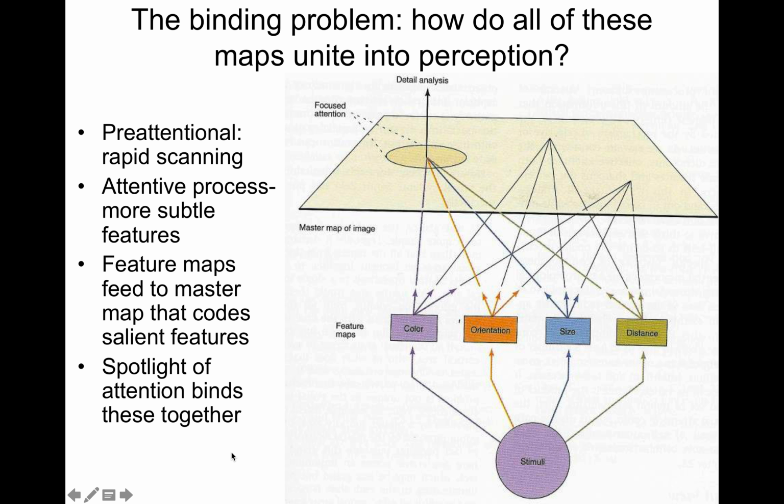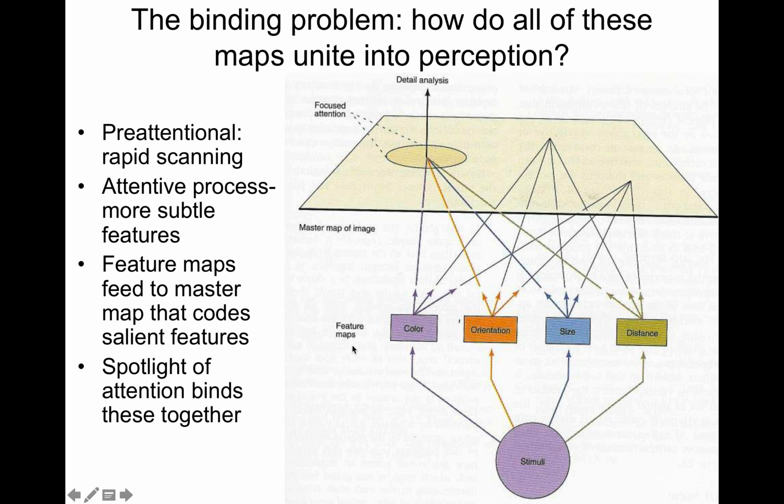And then the interesting thing is, how do we integrate all of these things together? This is more of a cognitive type of question, and very difficult to answer. But our attention seems to help us focus on different aspects of our visual field and do a detailed analysis of it as it's hitting this broad master map of an image. That master map can vary depending on what we have.